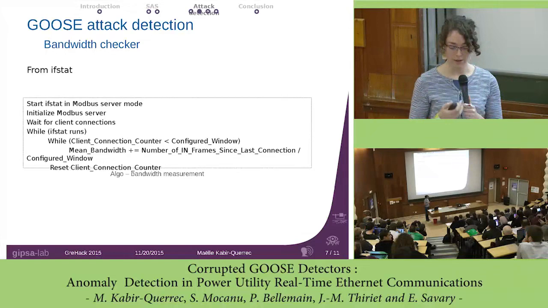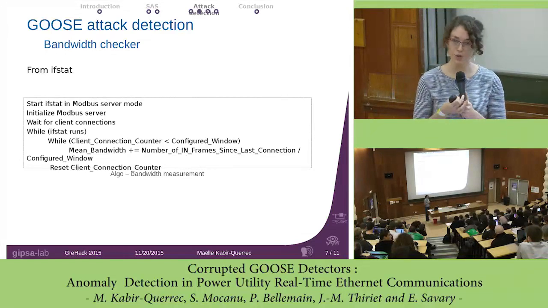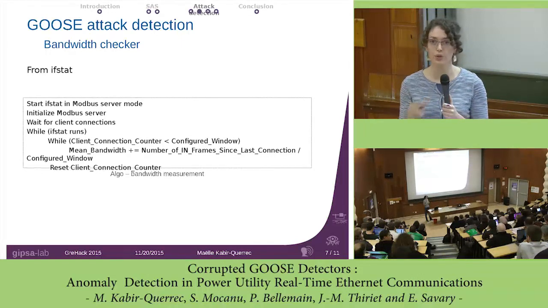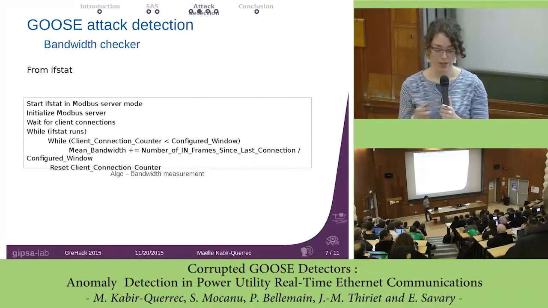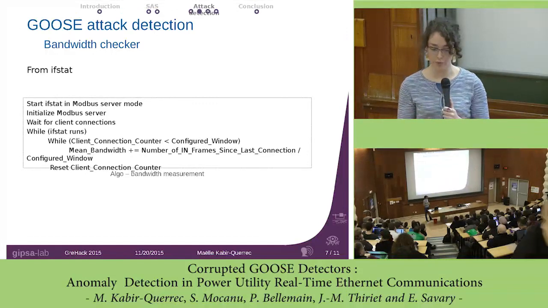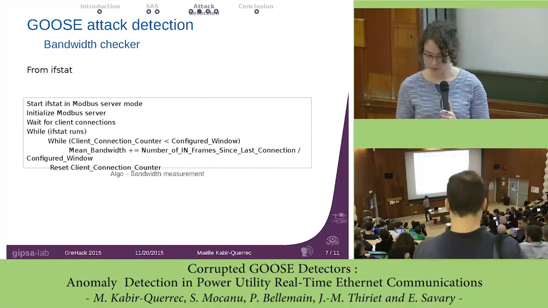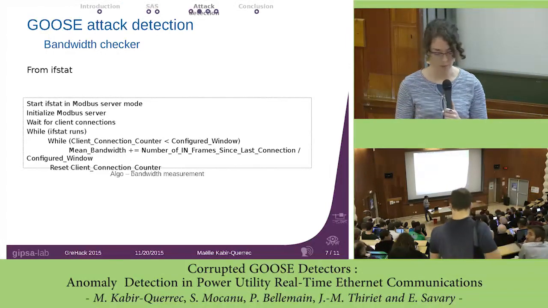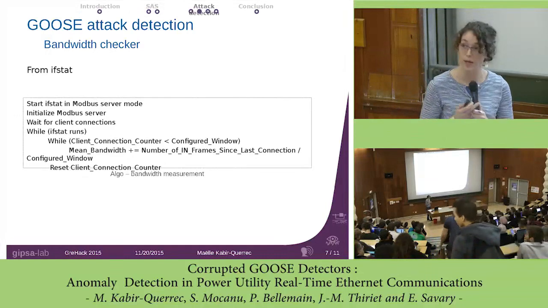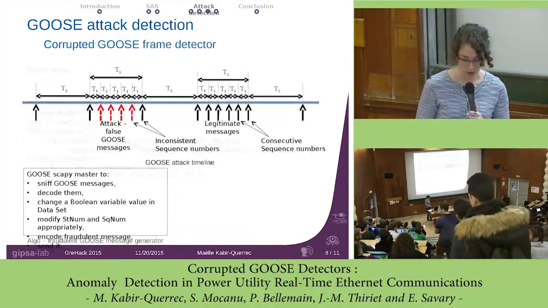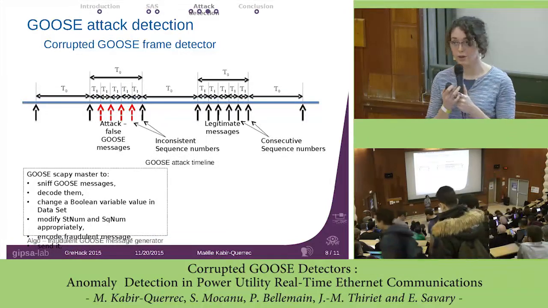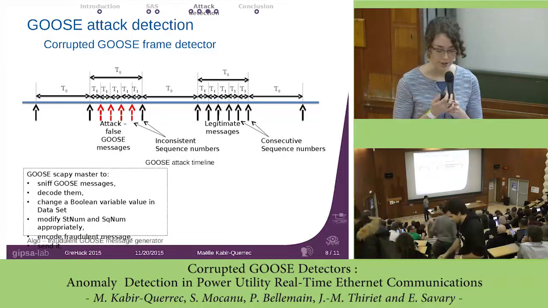It lets us measure instantaneous bandwidth, and also the bandwidth over a certain duration we can configure. I won't detail it further because I think the other one is more interesting, and I'm not sure I will have time to detail it, but if you have questions, feel free to ask them at the end of the presentation.